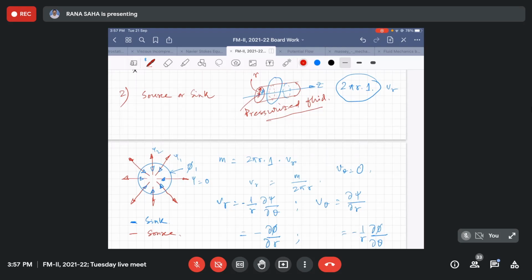So psi is gamma by 2 pi ln r, and the value of constant C1 is evaluated at a certain critical radius, because otherwise you cannot define it for a general situation. So psi is defined as gamma by 2 pi ln r over r naught. It is some radius where you have stream function equal to 0, denoted as r naught.